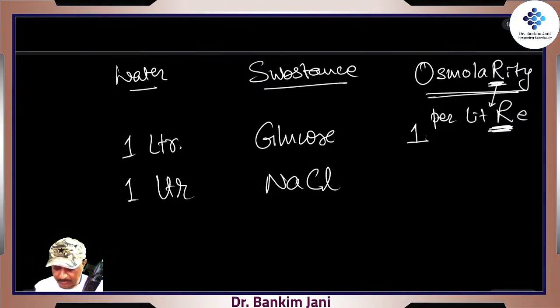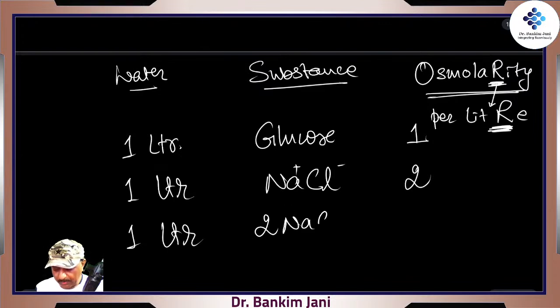It will say, okay, sodium, you are plus, chloride, you are minus. 2 ions, 2. Good. 1 liter, again 1 liter. This time, 2 NaCl and 2 glucose.